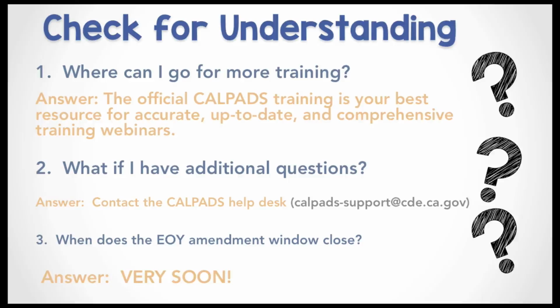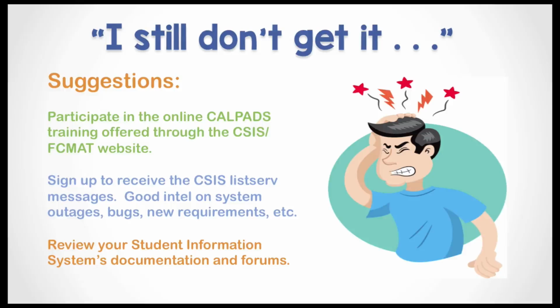I think it's August 11th, but get cracking, because there are no extensions beyond August 11th, and trust me, you do not want to be doing this the first week of August, making corrections to a system where there may be 1,000 other people hitting the system at the same time. So, yeah, there's that. Again, sign up on that listserv and review your student information system documentation.